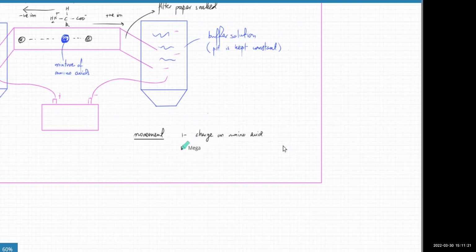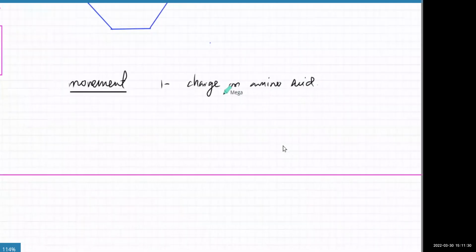Second is movement, or I'll write it here, that it depends on the charge on the amino acid. So if it's a zwitterion, it stays in the middle.